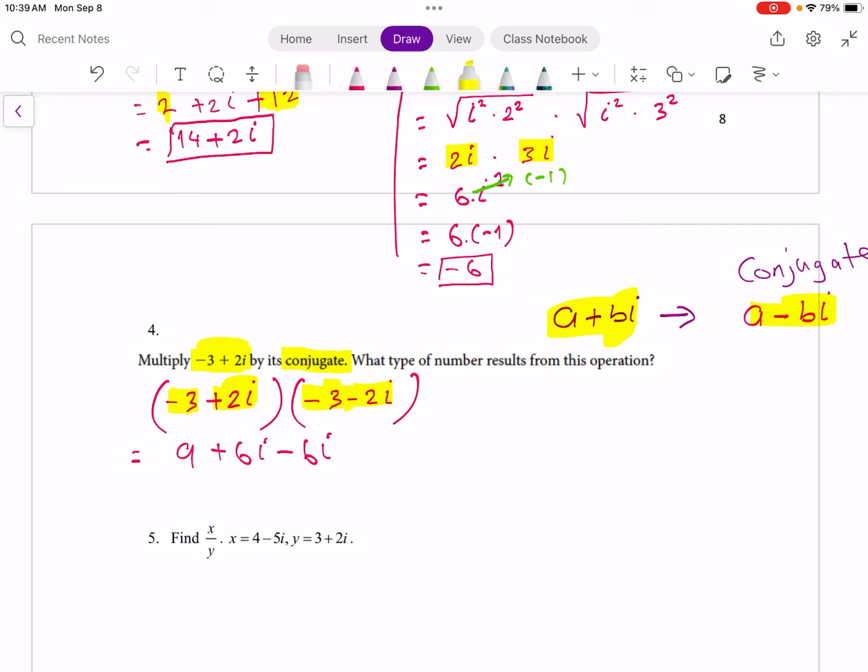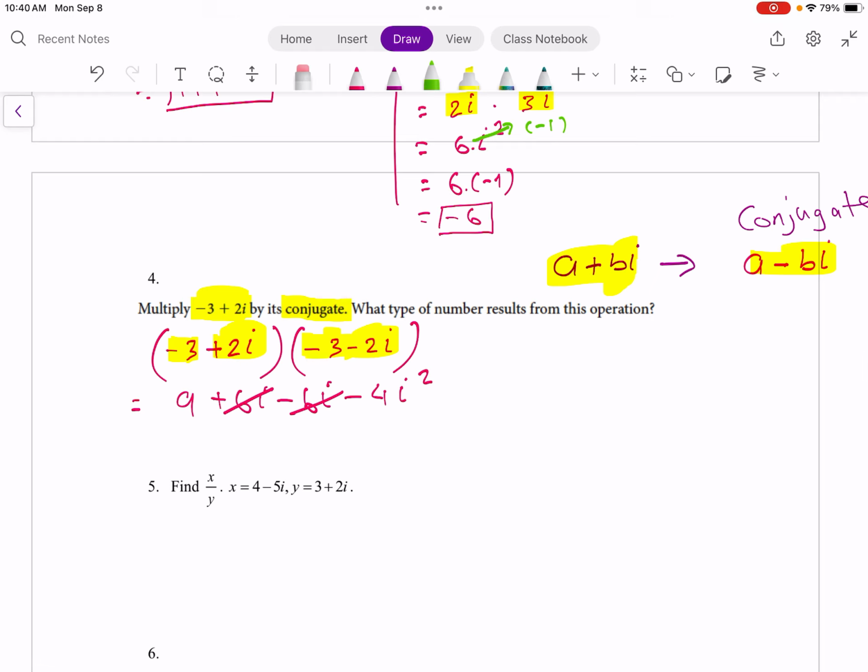Then the last terms, positive 2i times negative 2i, that is negative 4i square. So these two are 0, right? We know i square is negative 1. So this is 9 plus negative 4 times negative 1, which is positive 4. Let me replace this by positive 4, and this is 13.